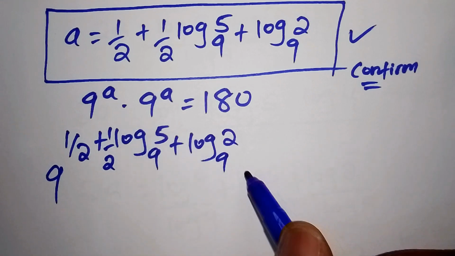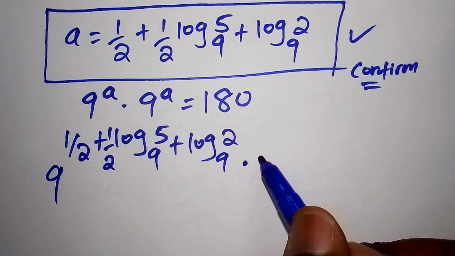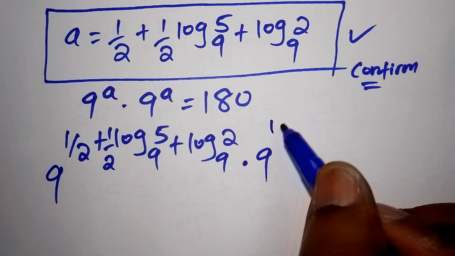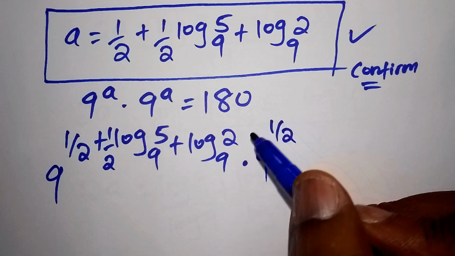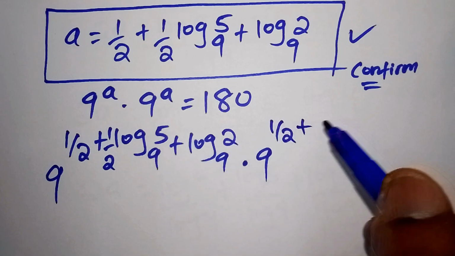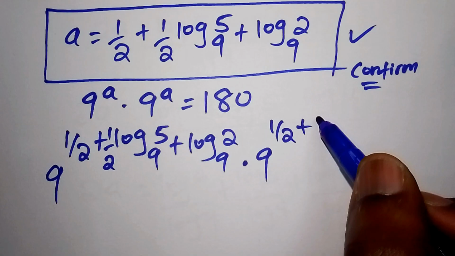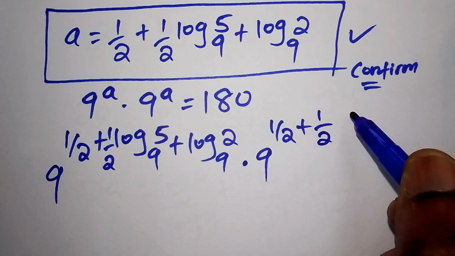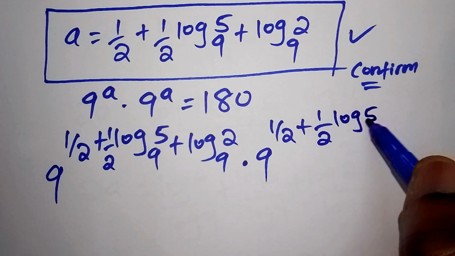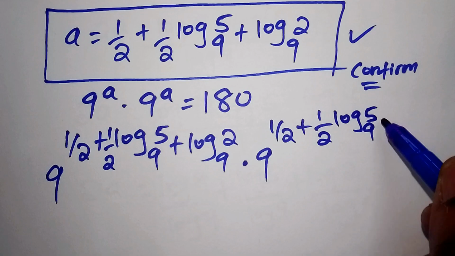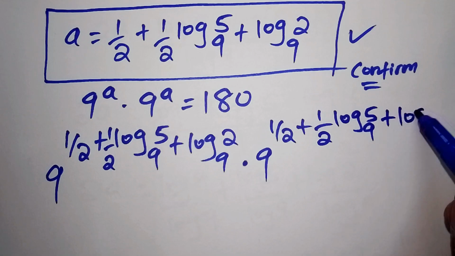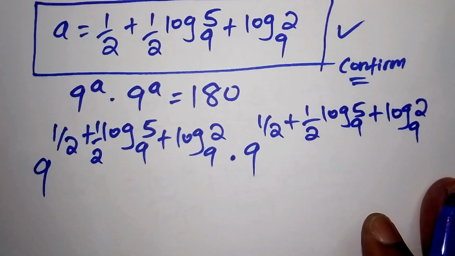Then multiply again by 9 to the power of 1 over 2 plus a half the log of 5 to the base of 9, plus the log of 2 to the base of 9.